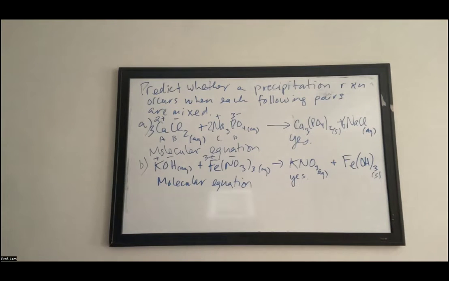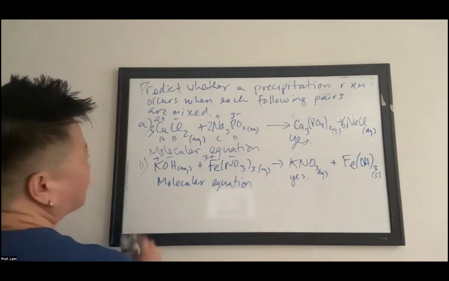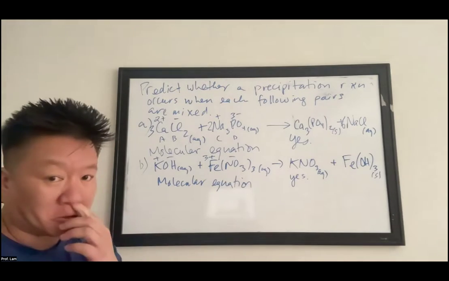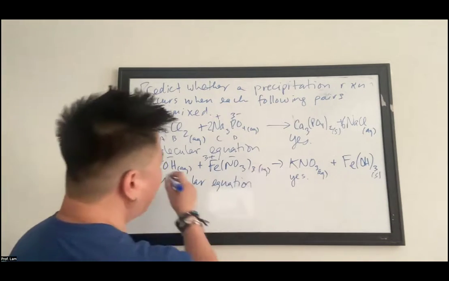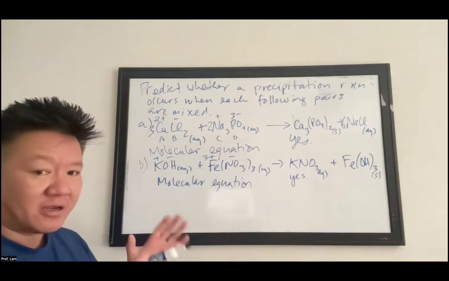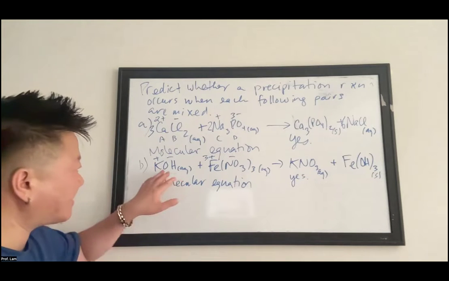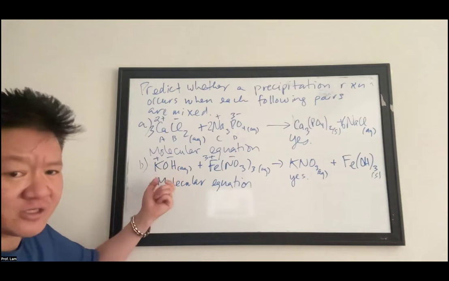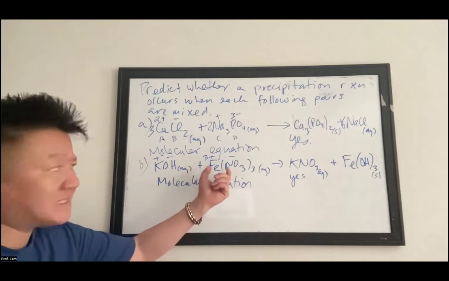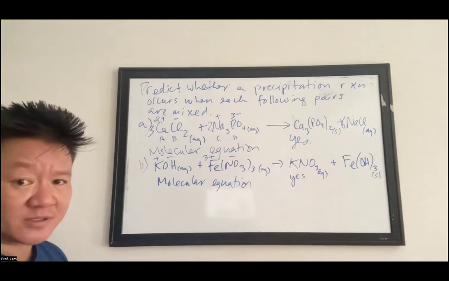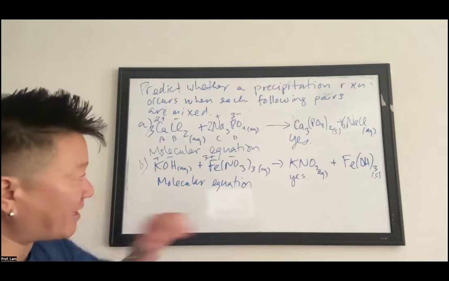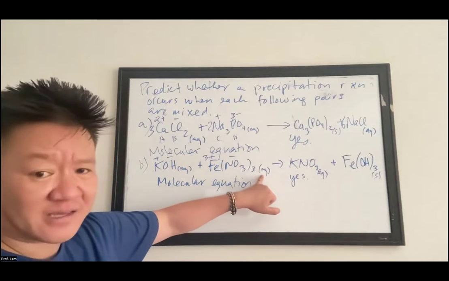All right. So now let's move on. It's called a molecular equation because all the compounds, the way we write them, are stuck together, implying that they're in a crystal lattice. However, remember that in the aqueous state, they're not stuck together.